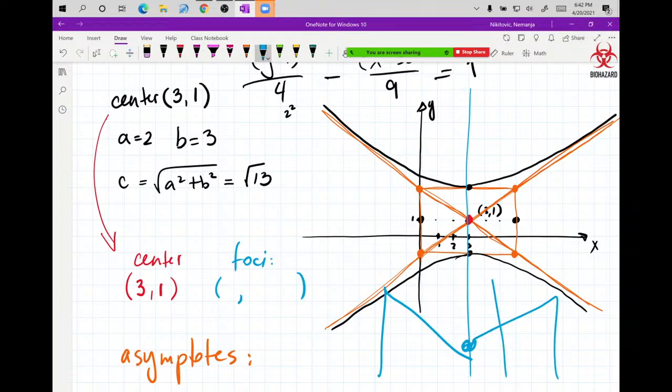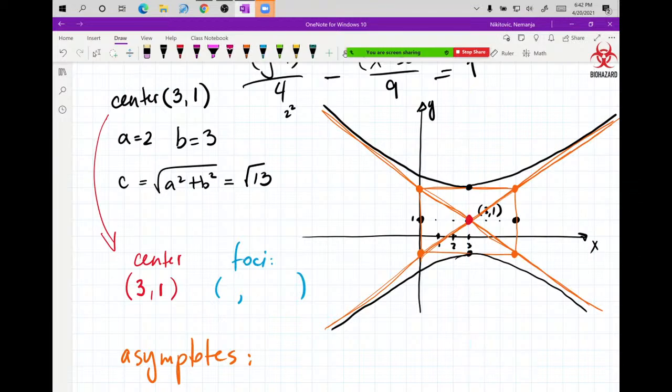Any ray you pick is going to bounce into this. So the middle line that contains the vertex and the center will also contain the focal points. So now the focal points are: the distance over here is 2, the distance over here is 2, and then I need to add another root 13 and take away root 13 so that I can get into these focal points that I'm just going to put like that.